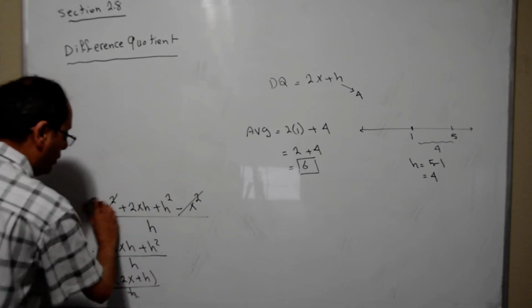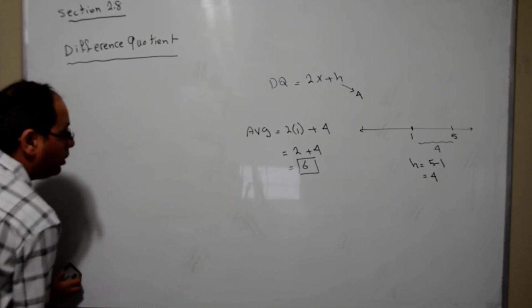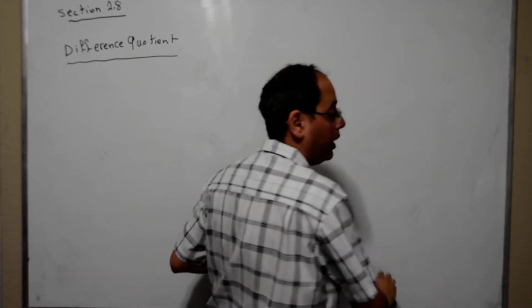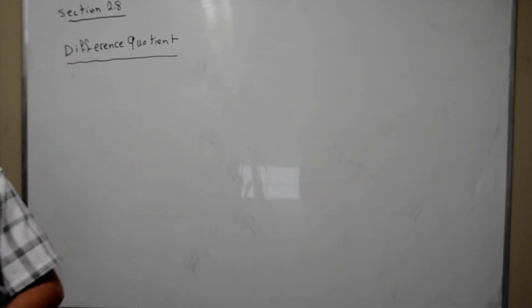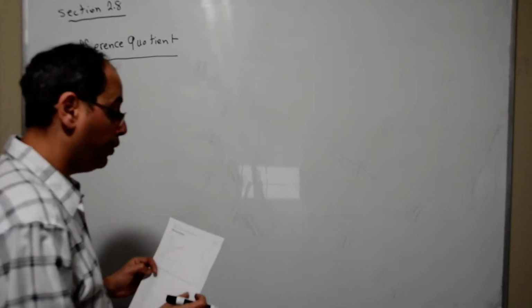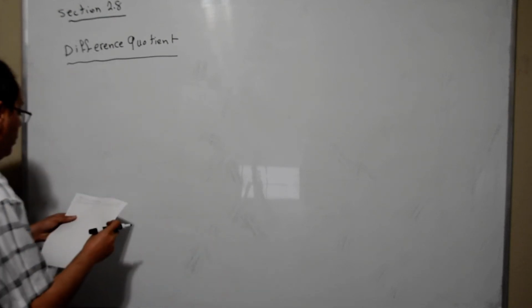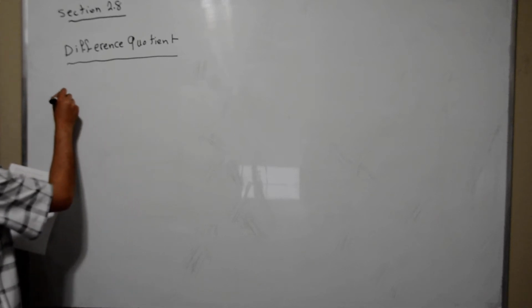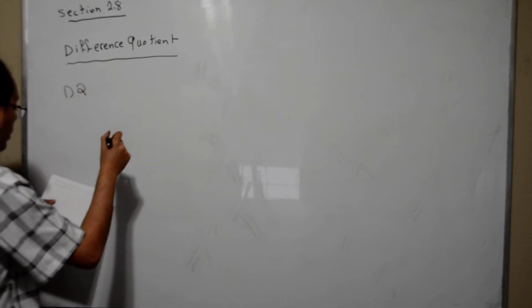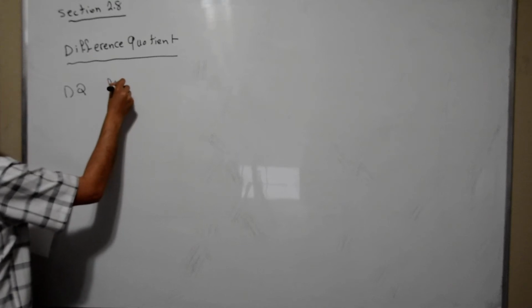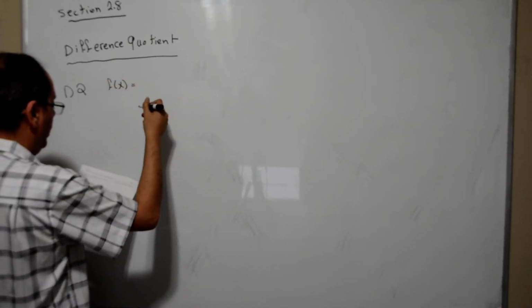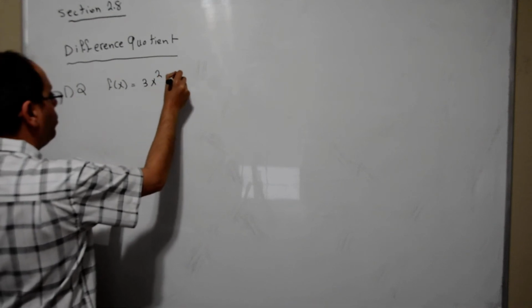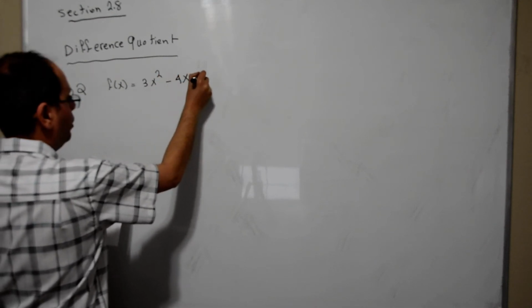Again, the same form, I have to get the difference quotient and the average rate of change in two terms. So I have here in my paper, example 5, I need to compute the difference quotient of f of x. This is a little complicated function: 3x squared minus 4x plus 5.